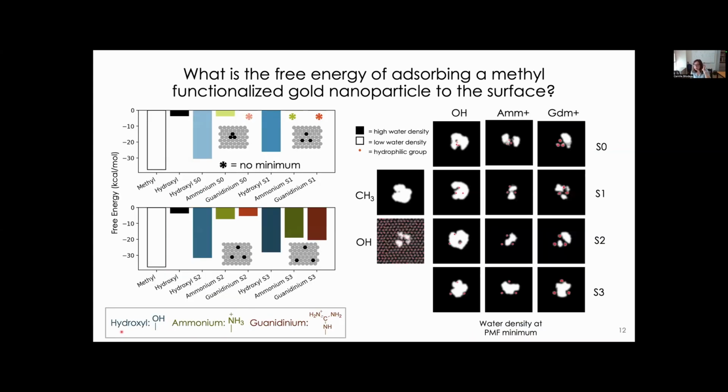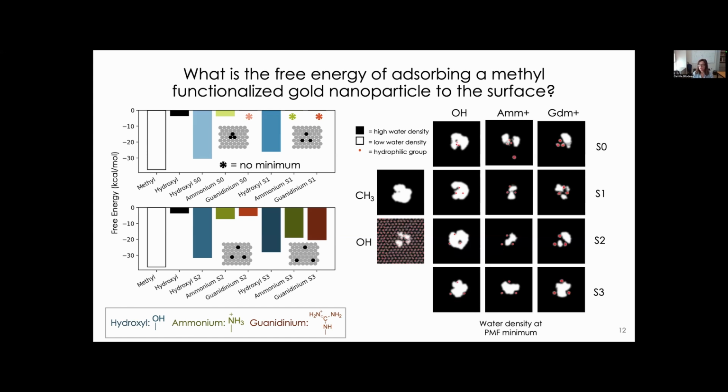So again, we wanted to look at what water was doing near this interface to try to understand why we're seeing this discrepancy between what INDUS is giving us and the umbrella sampling. And so here, the main feature that I want to point out is that the nanoparticle is binding directly over the hydroxyl groups. You can see that the region of white, which is the footprint of the nanoparticle, is encompassing the hydrophilic groups.